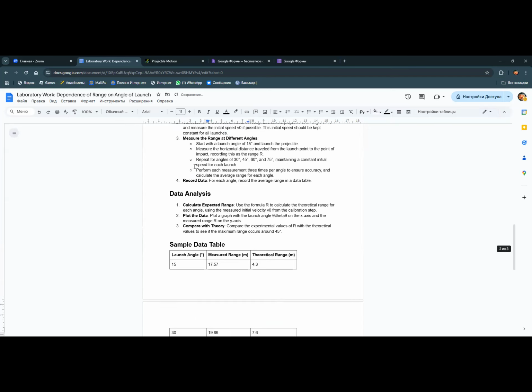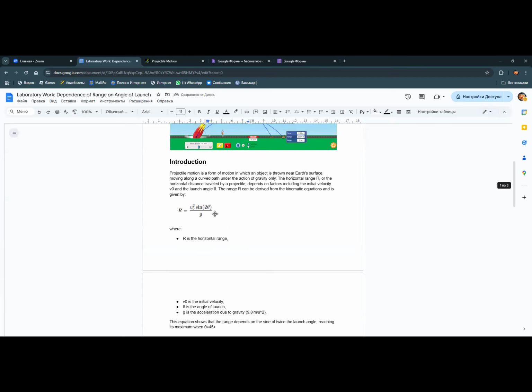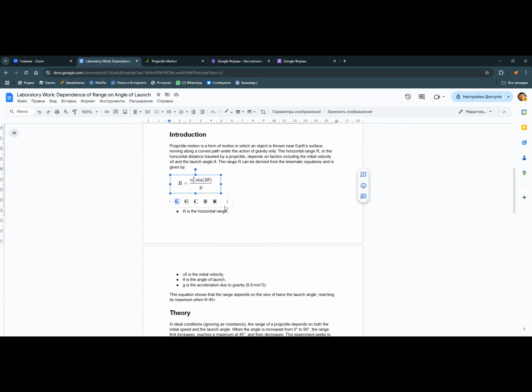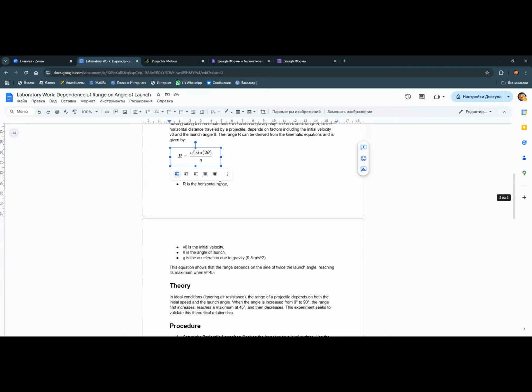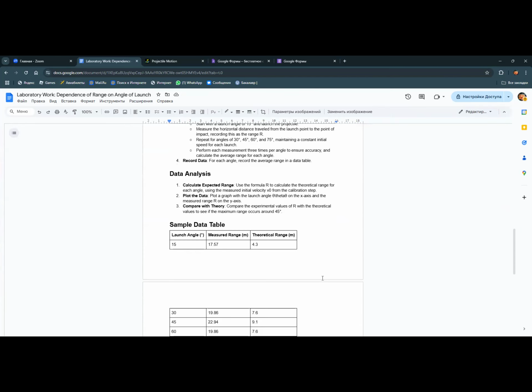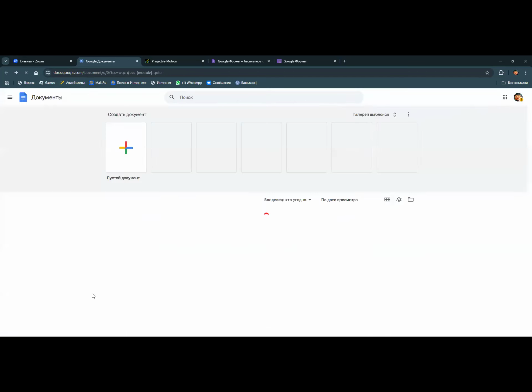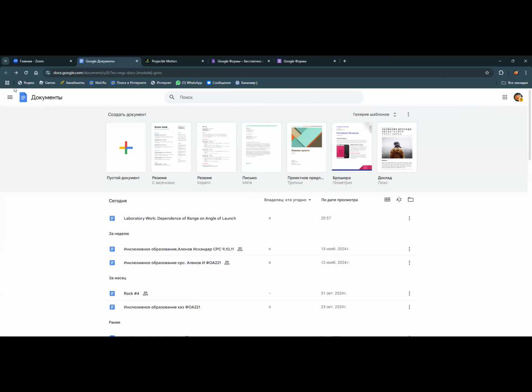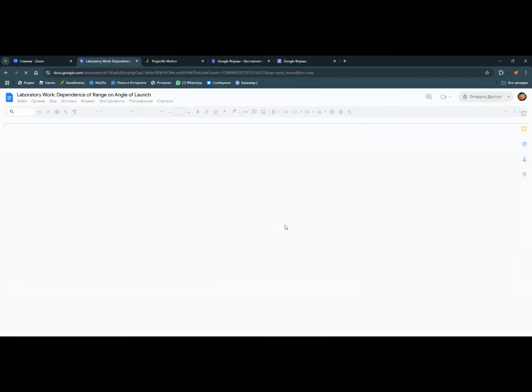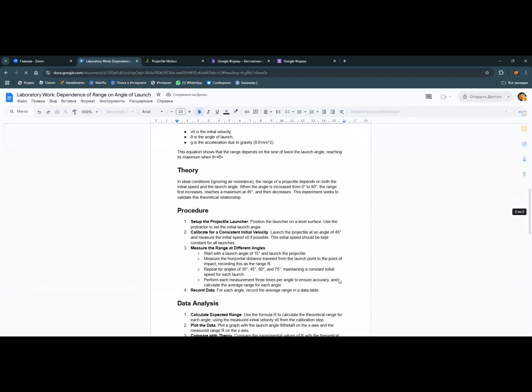And then, using the formula of R from the kinematic equations, we need to calculate our theoretical range and compare it to our measured range, and compare the average measured range and average theoretical range, and find our error.